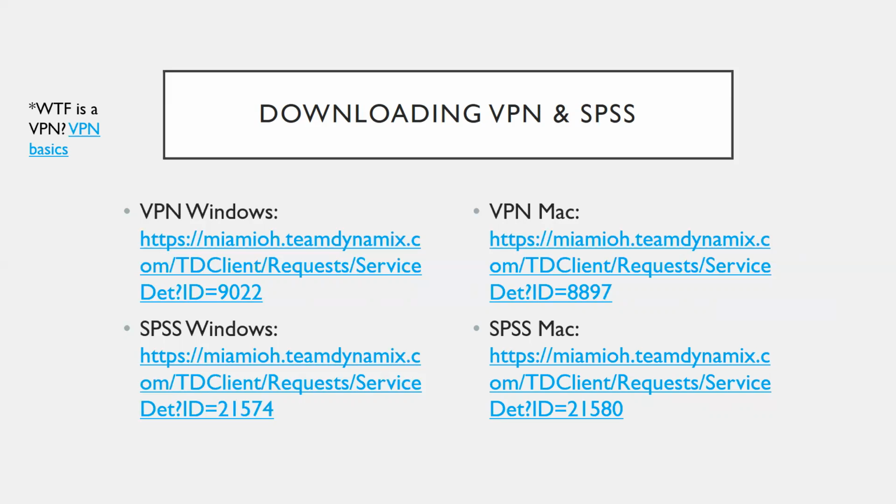An important thing to note is that the VPN is its own download. You then need to save that application to your desktop and open it, and it should prompt you to log in with your Miami credentials.